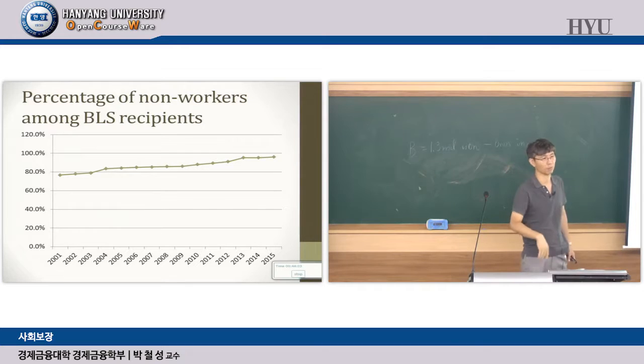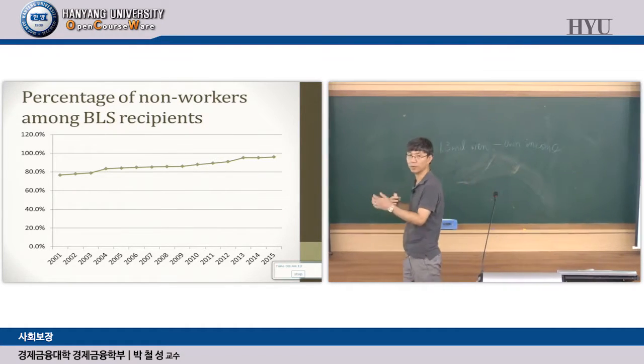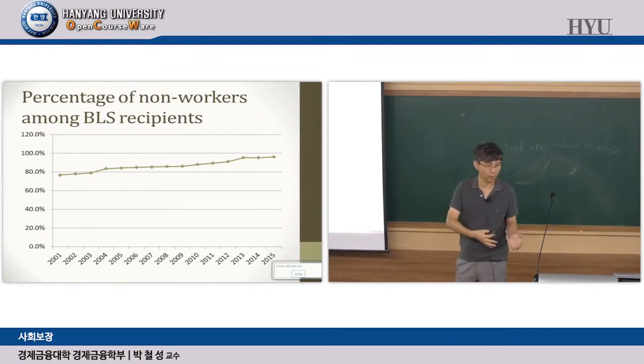Which one is true, we never know. But we will see later what could be the relationship between the program and the work choice. But anyway, the case is that now almost no one is working.